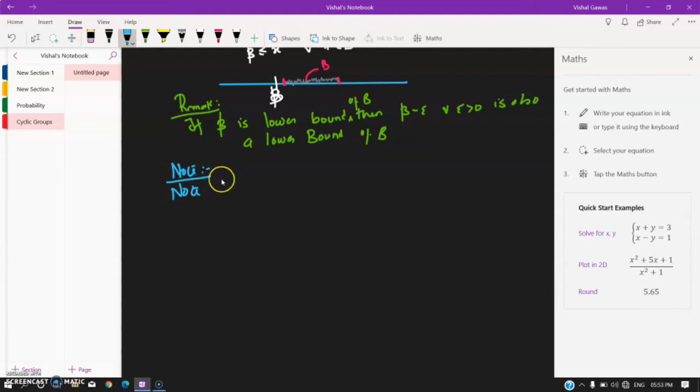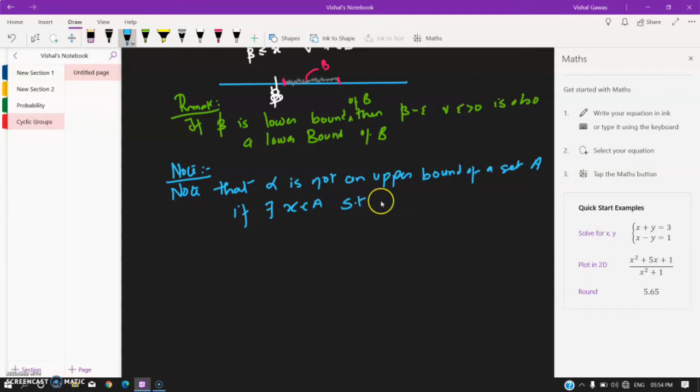Note that alpha is not an upper bound of a set A if there exists x in A such that x is bigger than alpha.